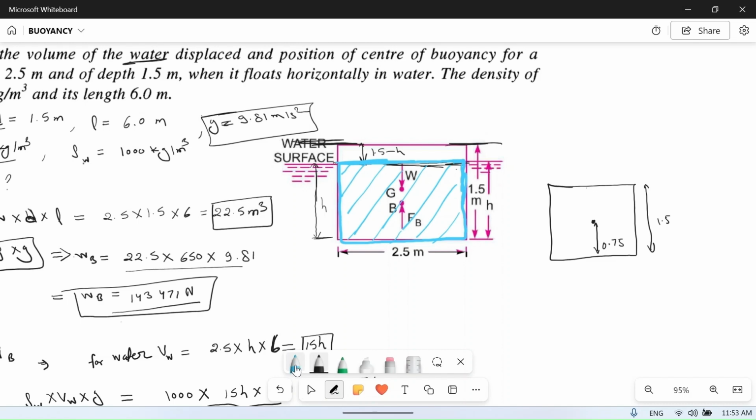But in this case water was only up to here. So center of buoyancy will not be equal to center of gravity of this block, but it will be equal to center of gravity of this water which is being displaced. So it will be equal to height of this water displaced divided by 2.